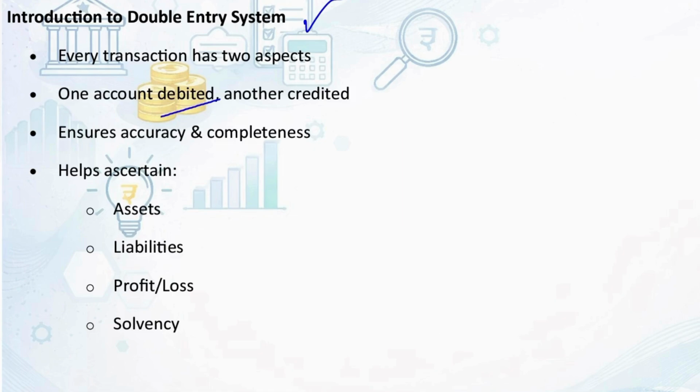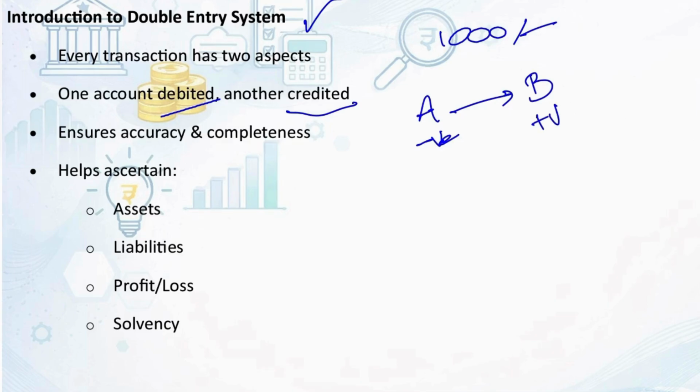One account will be debited and another account will be credited. Suppose you want to transfer 1000 rupees from A to B. First, A's account will be debited 1000 rupees, and next it will be credited to B's account. This ensures accuracy and completeness.